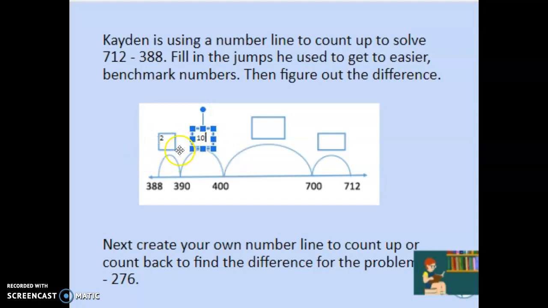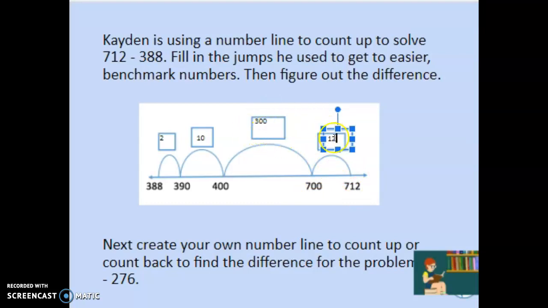So right now I already have part of my answer, which is 12. Now I'm going to hop up from 400 to 700. So that's going to be 300. So now I have 312. And then from 700 to 712, I'm hopping 12 more.